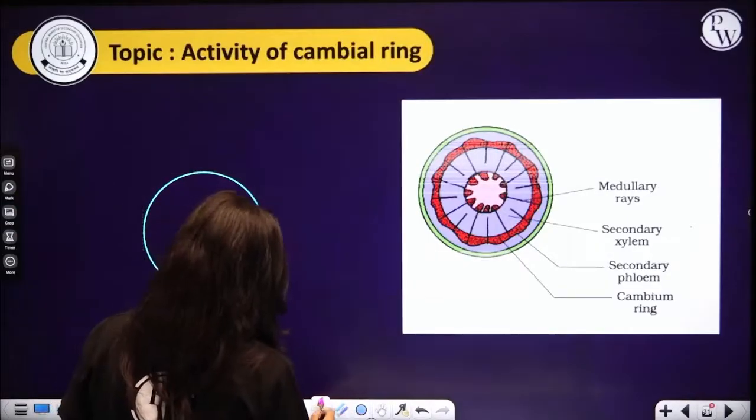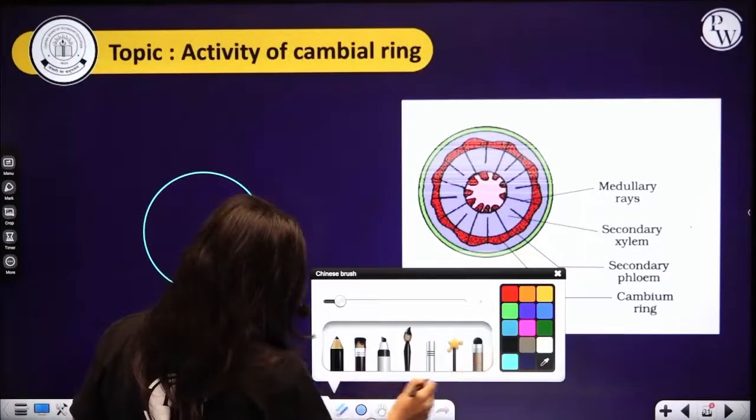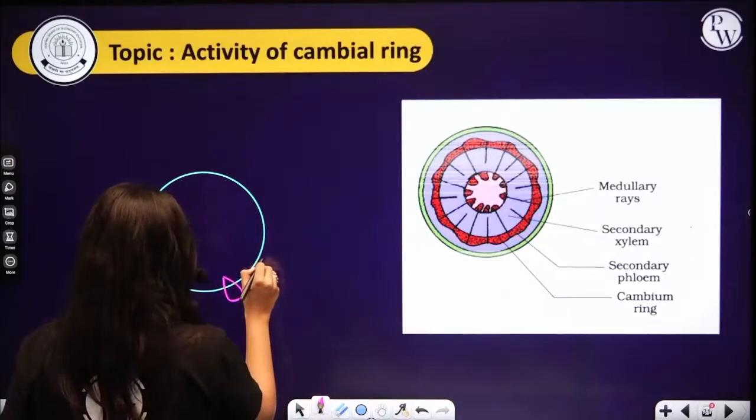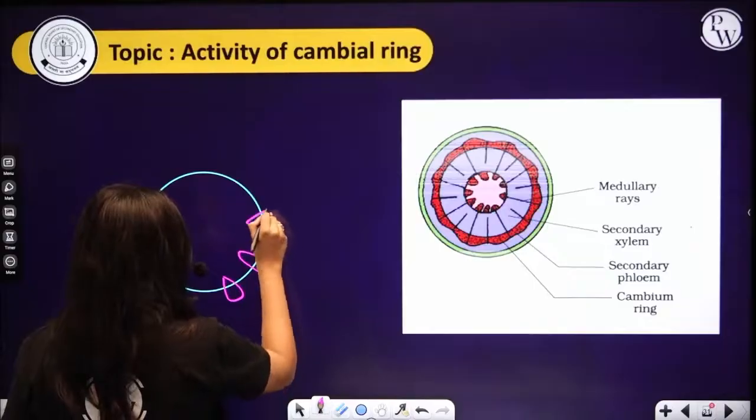Okay, now this vascular cambial ring will have, let's say these are the vascular bundles.